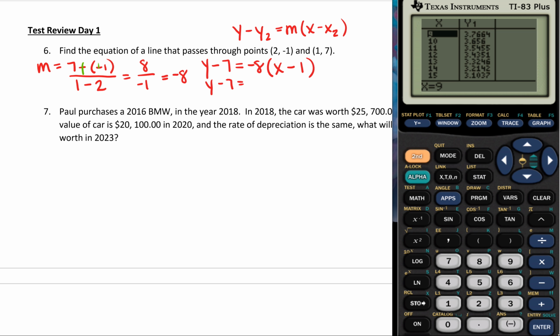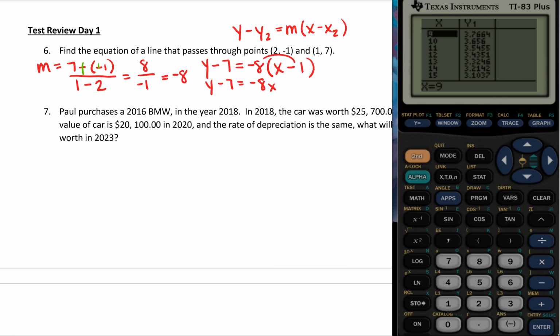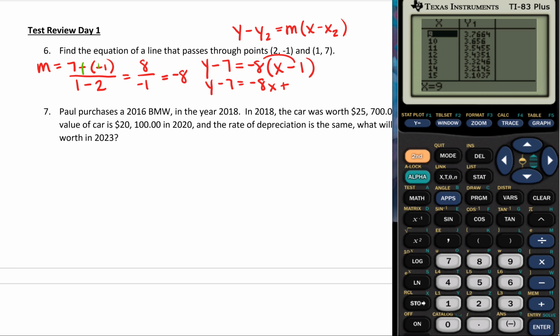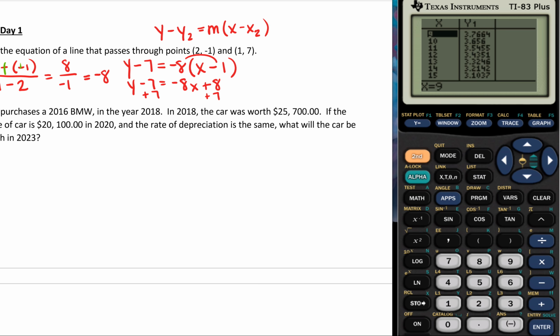So y minus 7 is equal to negative 8x, and then negative 8 times negative 1 is a positive 8. I'm going to add 7 to both sides so that I get y equals negative 8x plus 15.